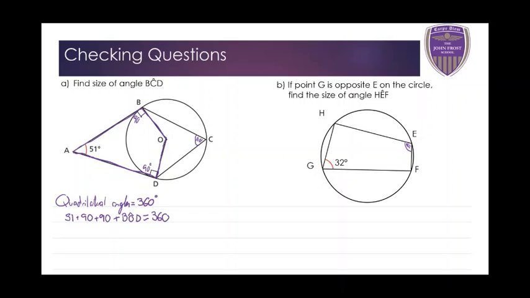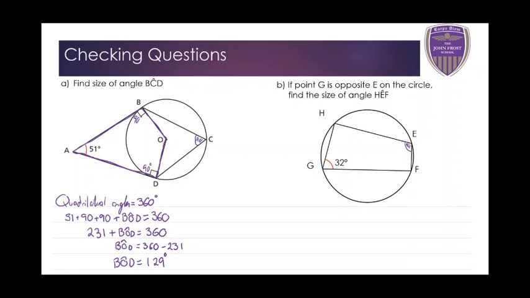So 51 plus 90 is 141. So 141 plus BOD is equal to 360. Therefore, BOD is equal to 360 minus 141. That means that angle BOD was equal to 229 degrees. Okay? So if we now know that angle is 129 degrees, not 229, 129 degrees.